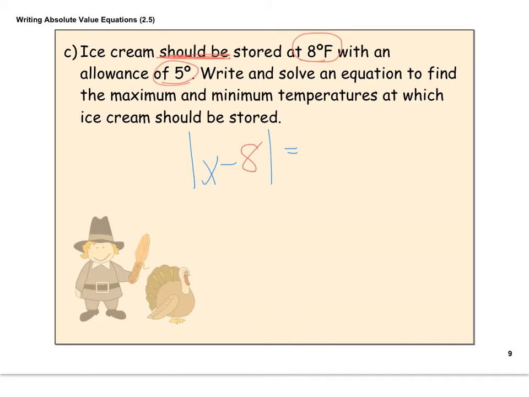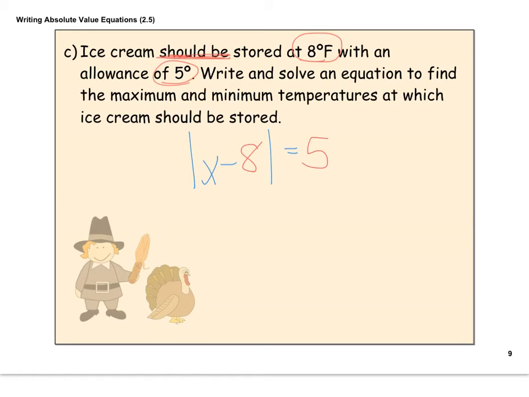You can go 5 miles over, and usually you're okay. Not always. I've gotten pulled over for going 5. Didn't get a ticket, but almost. But allowance means that it could go up 5 degrees warmer, or it could go 5 degrees colder. So this allowance is where it allows us to vary, and so that's going to go into our equal sign.